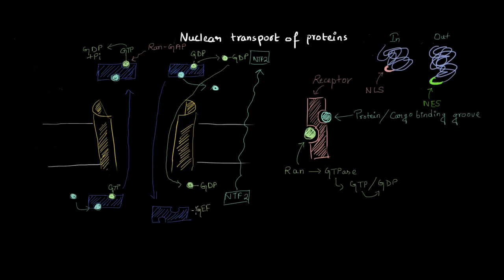Now this GEF or guanine exchange factor would exchange the GDP that is bound to RAN to GTP. And again, this RAN GTP can perform another cycle of transport.